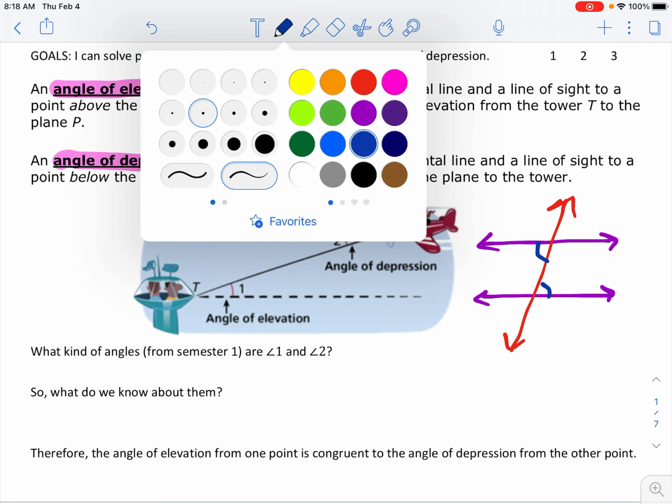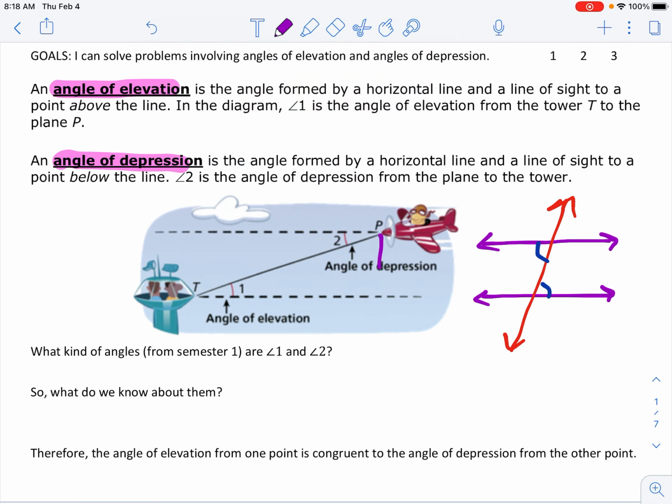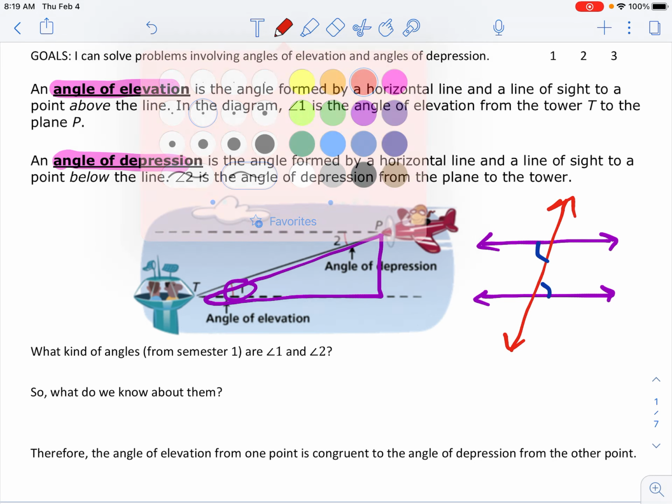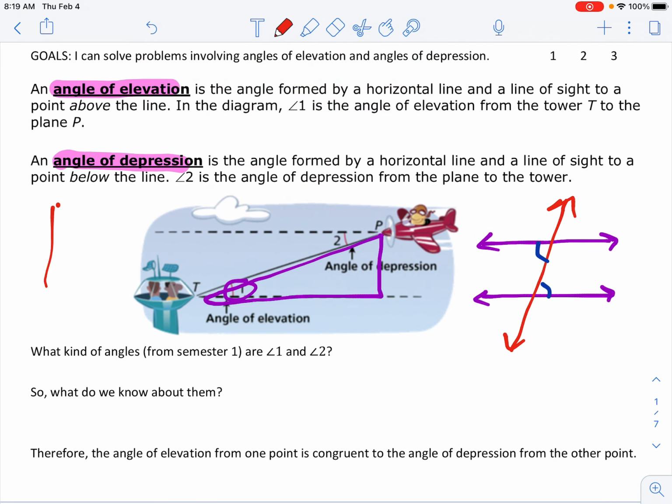Now we form a triangle, and you'll notice angle of elevation is the angle down at the bottom of our triangle. Angle of depression falls outside of the triangle, but it would be equal to angle 1 because they're alternate interior. So whether you see the word angle of elevation or depression, we want to put our angle down here where the X is.